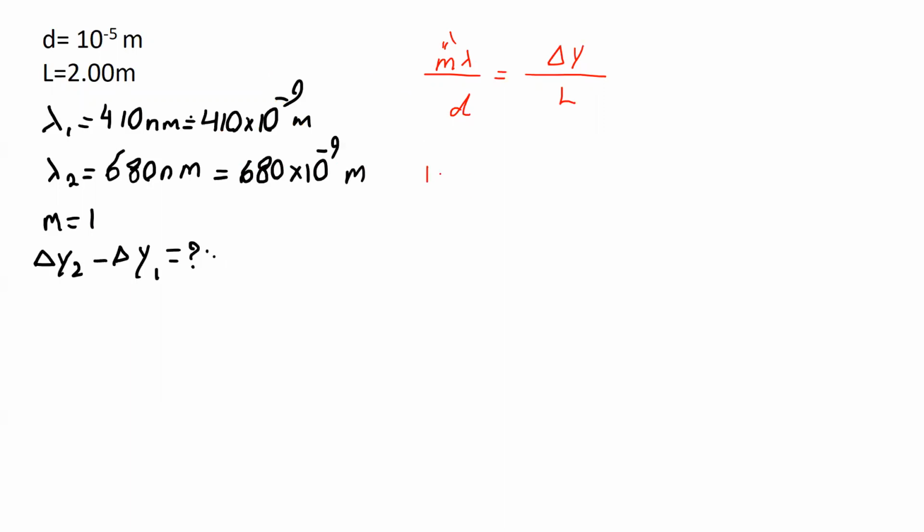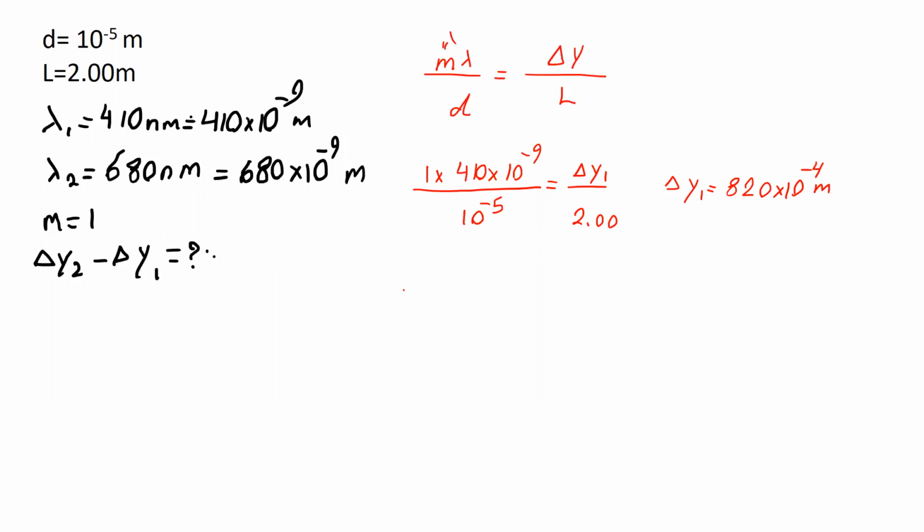So m equals 1, and lambda 1 is 410 nanometer divided by d, that is 10 to the power minus 5, equals delta y1 divided by L, which is 2 meter. As a result, delta y1 is 820 times 10 to the power minus 4 meter.